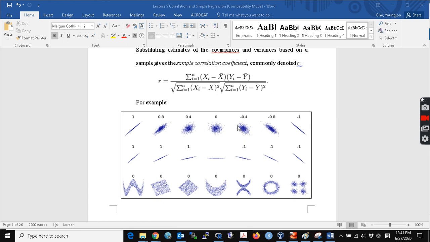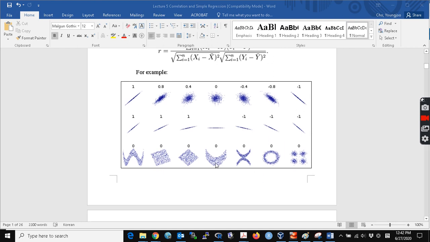And then this is the case where x increases and y increases. Now we have x increases, y decreases. If we have a perfect linear relationship, then we have -1. Here the size of the slope doesn't matter. If they have a linear relationship regardless of the magnitude of the slope, then this Pearson correlation equals 1, or for the opposite sign we have -1.